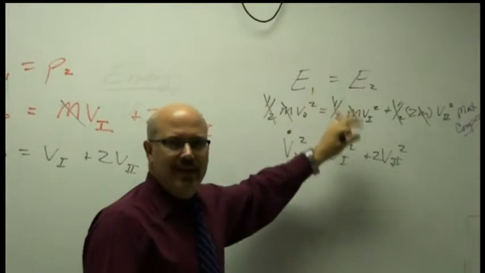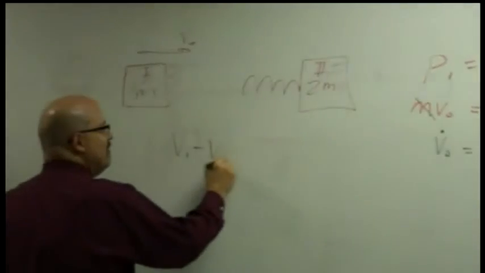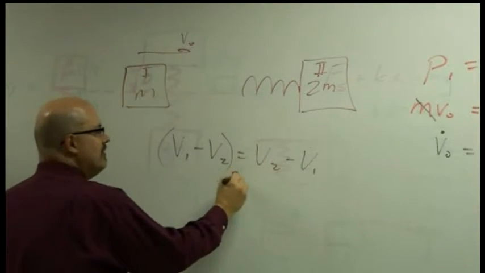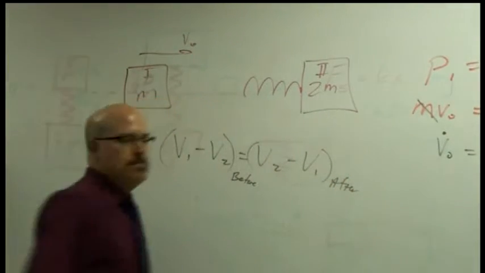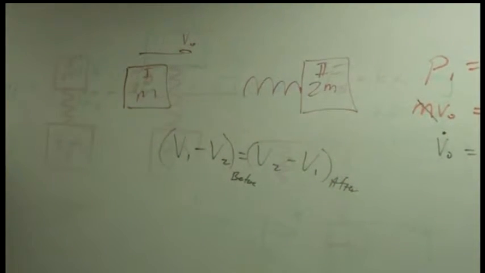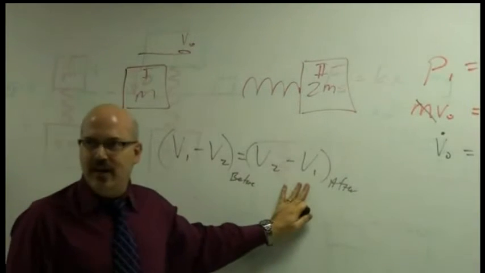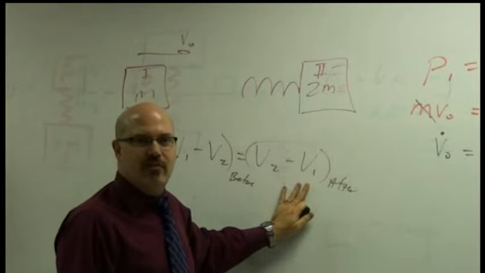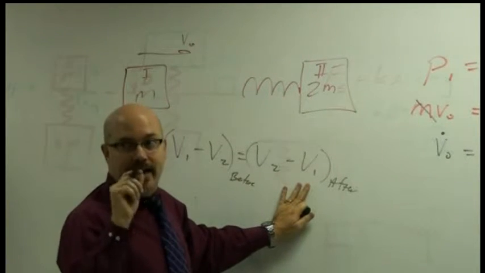And that same thing is that v1 minus v2 before the collision equals v2 minus v1 after. The velocity of approach is going to equal the velocity of recession. That's the way most students will remember it. Velocity of approach equals velocity of recession only in an elastic collision.